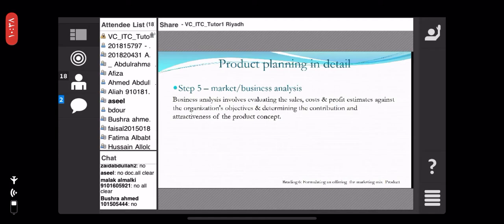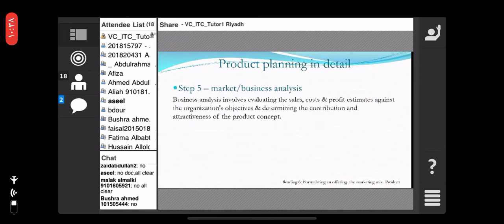How it works, whether it's suitable for me to get in or not. So whether it's going to be beneficial for us or not.